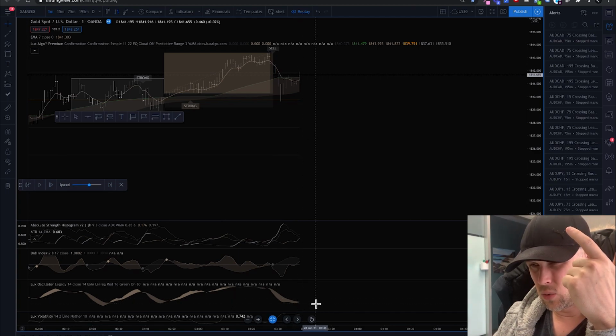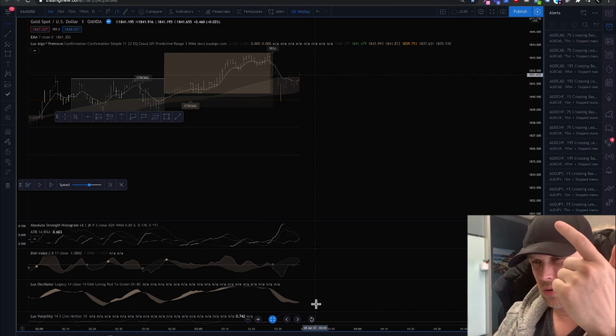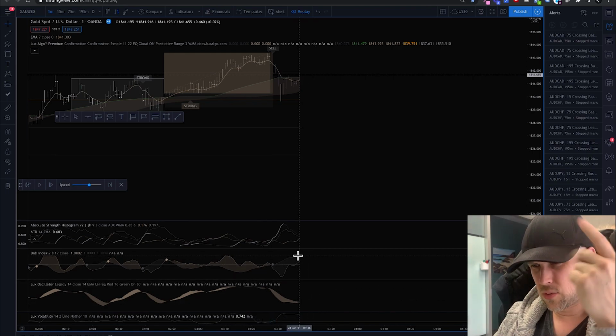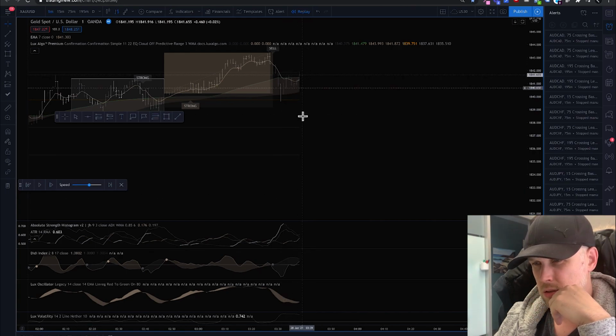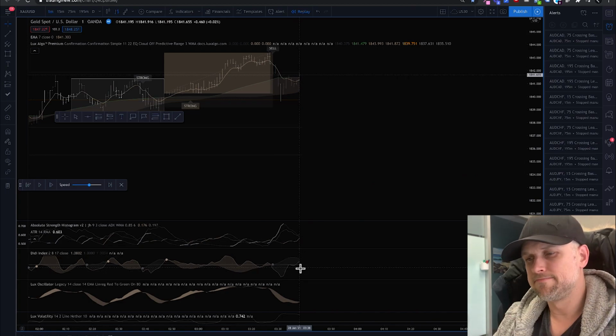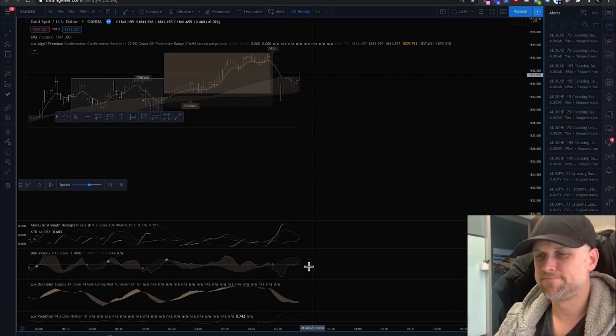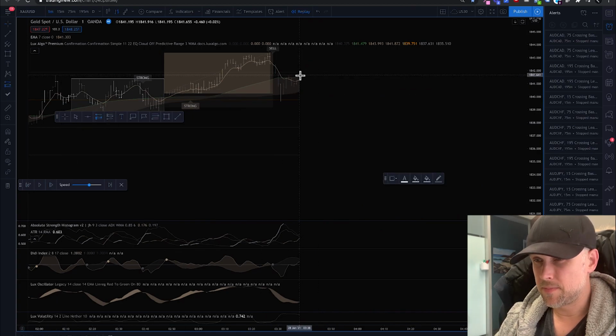So that's 1, 2, 3. That's 3 confirmations because of the crossing, the strength and the DD. So that's a trade. At least we're going to take it anyway.